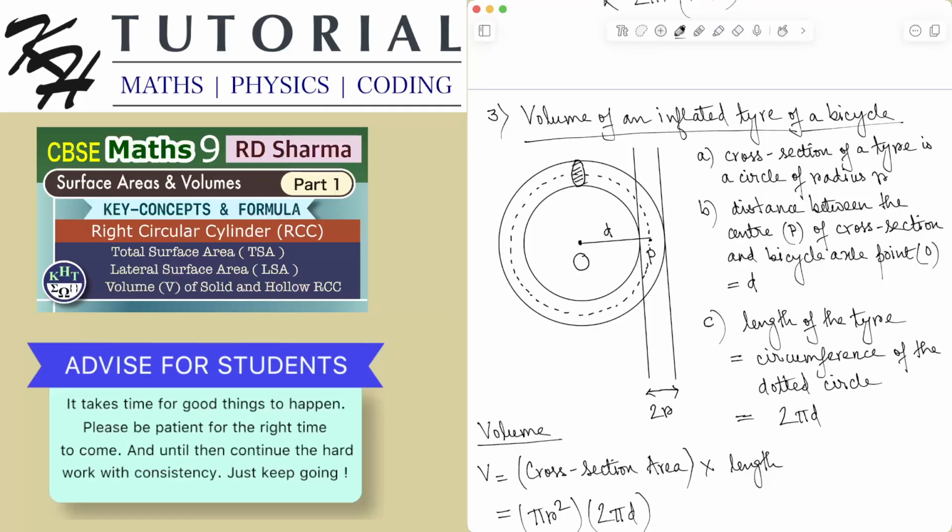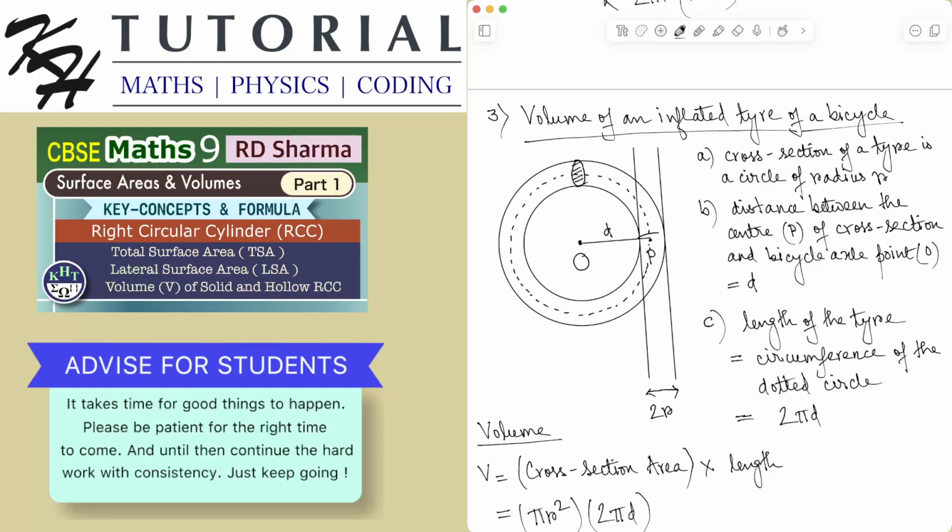The radius of the circular cross section will be given, which is say small r, and the distance of the center of the cross section will be given.